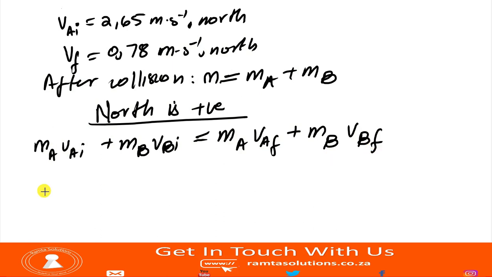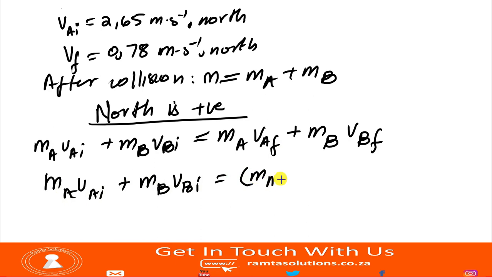However, I don't want to substitute as yet. Remember, after the collision the car and the truck got stuck together, so they move at the same velocity. So this will be M sub A plus M sub B, times the common velocity, let's call it V sub f.